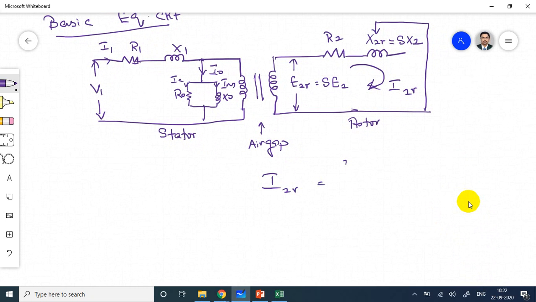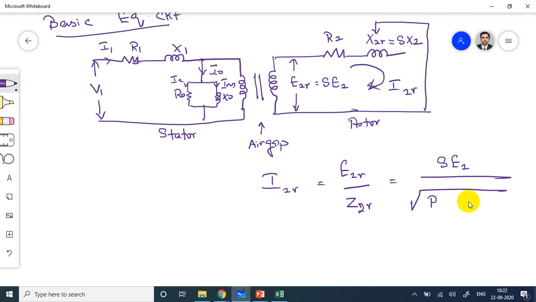Now the formula for I2R: I2R equals E2R by Z2R. So E2R we already know, E2 by square root of R2 squared plus S X2 whole squared.